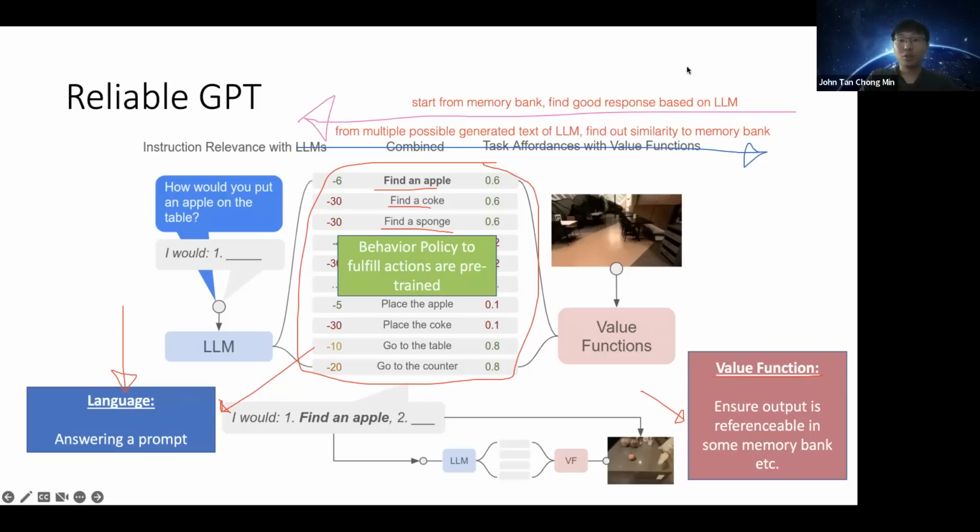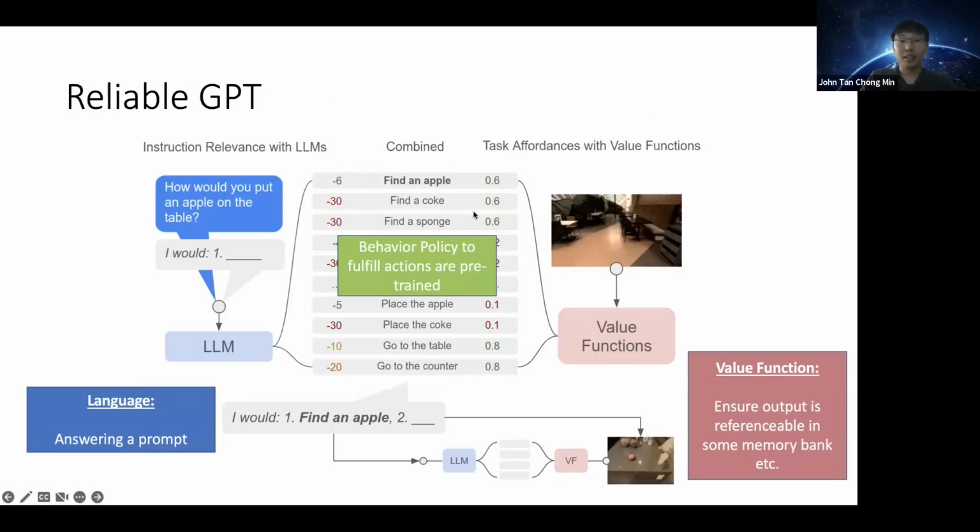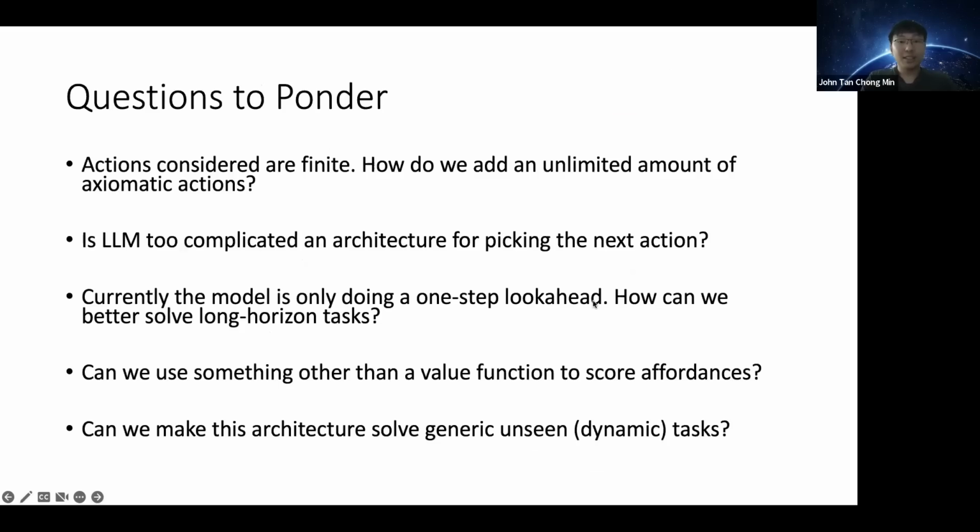Okay, I think that has been an interesting topic today. Let's talk about the questions we want to discuss. The first question, and the most important in my opinion, is that we only consider a finite number of actions. How do we program an unlimited amount of actions? Sometimes there are so many different objects, like picking up a sponge, scissors, or a pen.